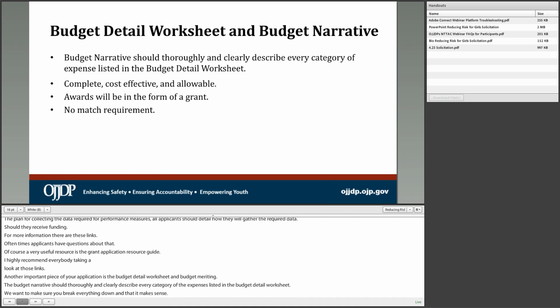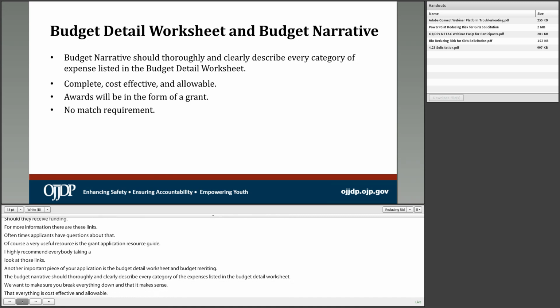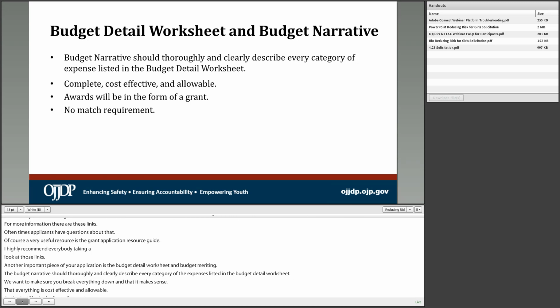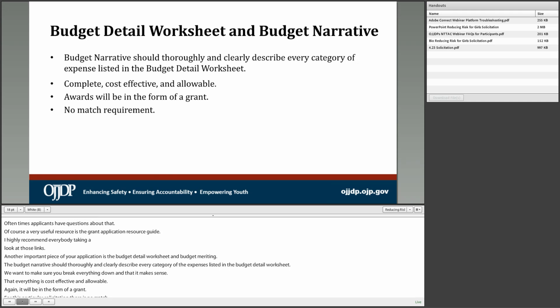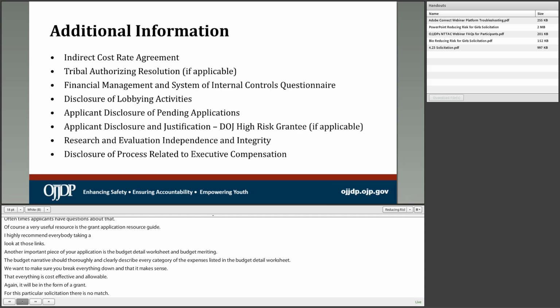Again, awards will be in the form of a grant. And for this particular solicitation, there is no match requirement. You can go to page 11 of the solicitation to find more information on the budget aspect.